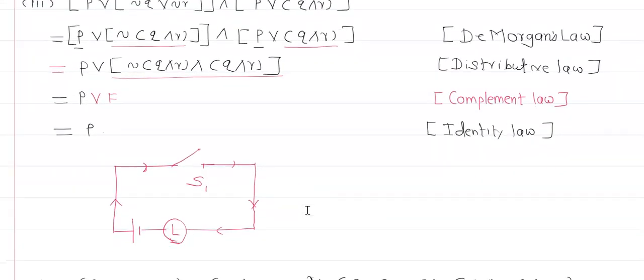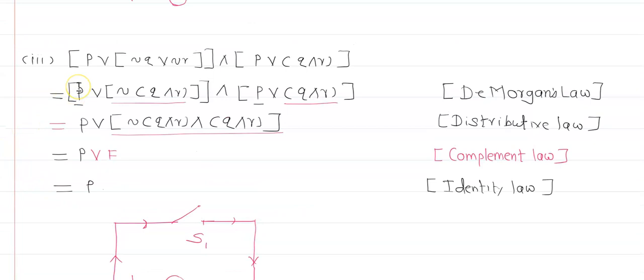Now the next is problem number 3. There is P or, in another square bracket, negation of Q or negation of R, that bracket complete, or P or in the next bracket Q and R. See these two brackets: using De Morgan's law, it is written as negation of Q and R, and P or Q and R. Now P is common, that is P is distributed over the AND.